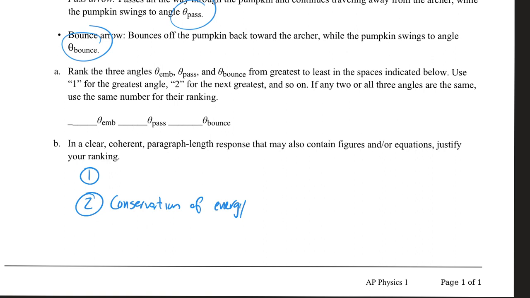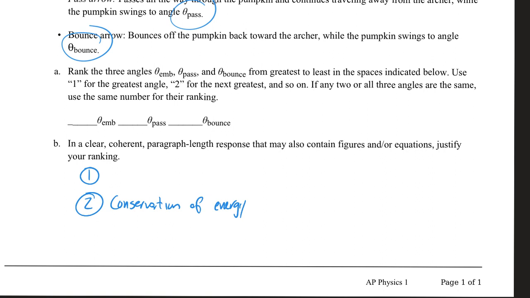So what you have to determine then is in which scenario the pumpkin has the greater change in momentum, and that's when the arrow has the greatest change in momentum. When it passes through, that's the least change in momentum, right? Its velocity didn't change very much. When it bounces back, that's the greatest change in momentum. The pumpkin stopped the arrow, turned it around, and sent it backwards.